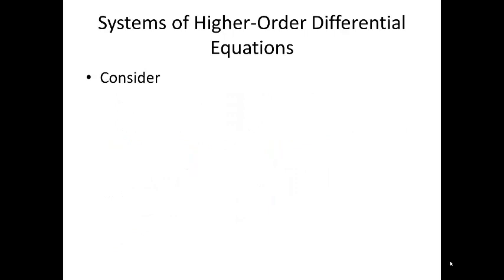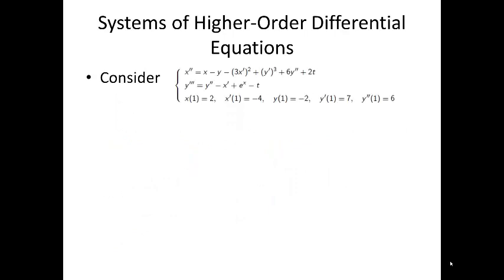Now consider this example here, where we have two higher order differential equations. So we actually have a system of higher order differential equations, not one. Here, because we have x double prime and y triple prime, we're going to need 5 different substitutions, but we do the same thing.